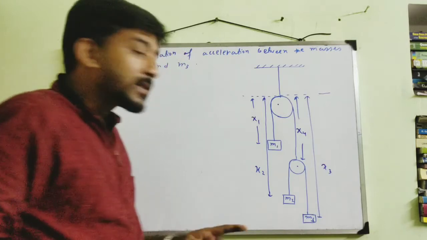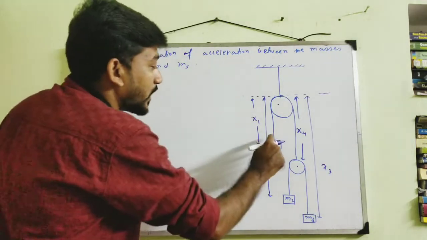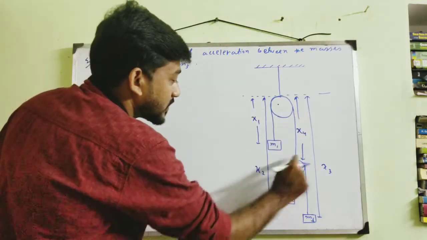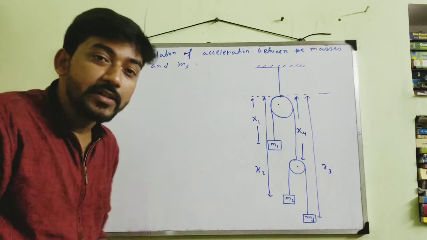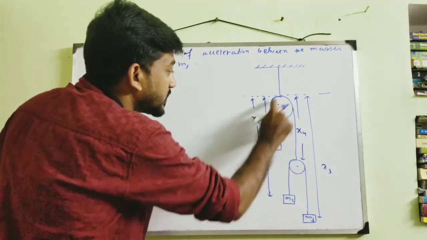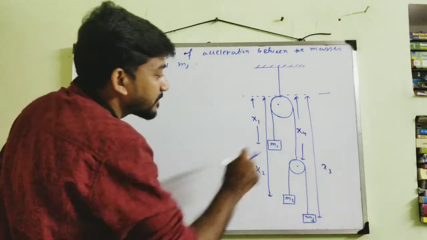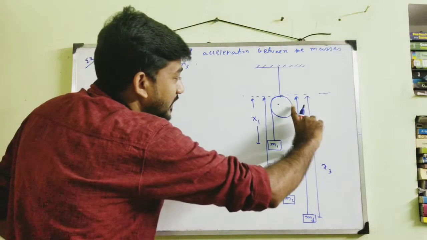Now let me first write down the constraint equation. Here there are two strings. One string is this and another string is this. As they are two separate strings, the length of each individual string will be constant. For the first string, this side the length is x1 and this side the length is x4.